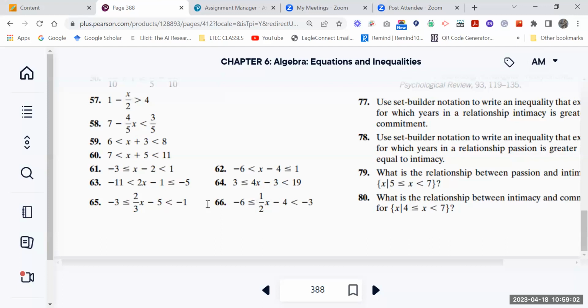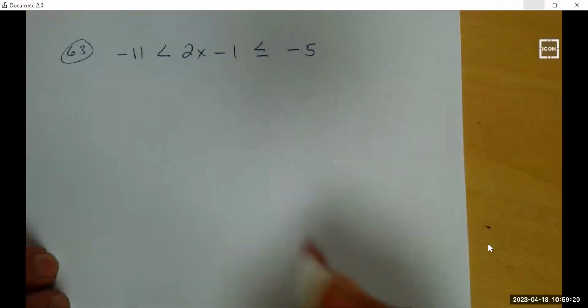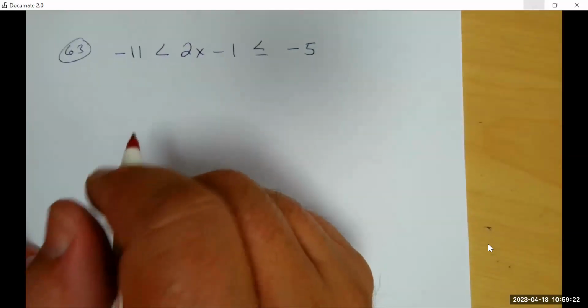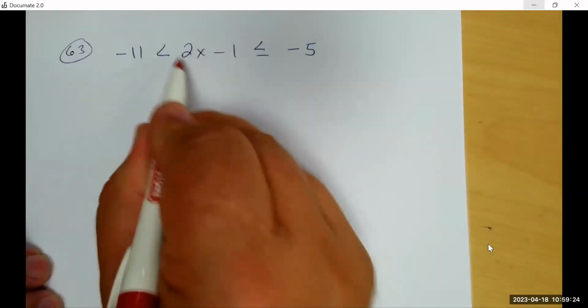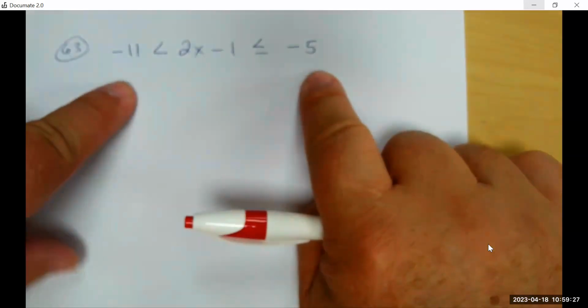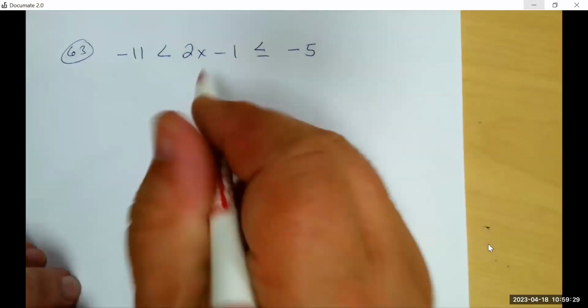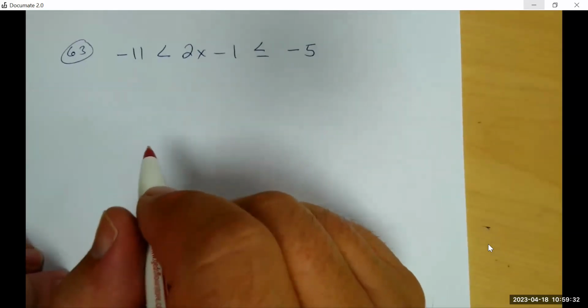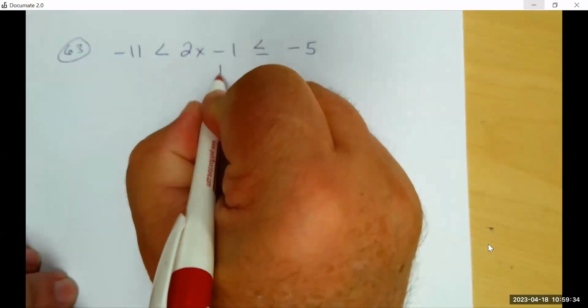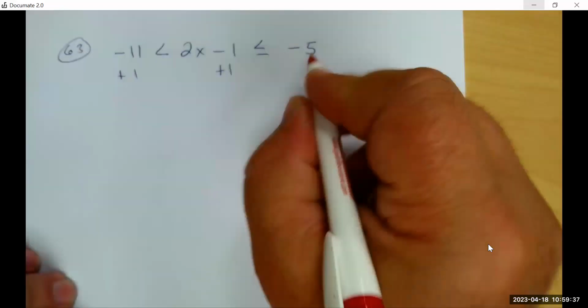Negative 11 is less than 2x minus 1 is less than or equal to negative 5. Since we're solving for x, we only worry about what we do in the middle. Whatever we do in the middle, you do to both sides. So the first thing we have to get rid of is what? The negative 1. How? So we add 1 to everybody.